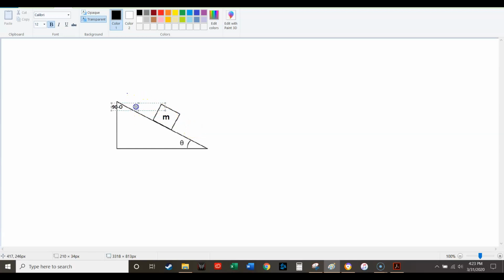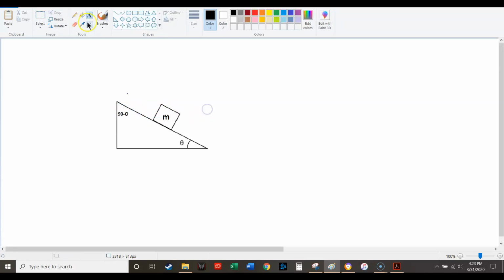Okay, so that's 90 minus theta right there. That's the angle, 90 degrees. So anyways, let's go ahead and draw a line.